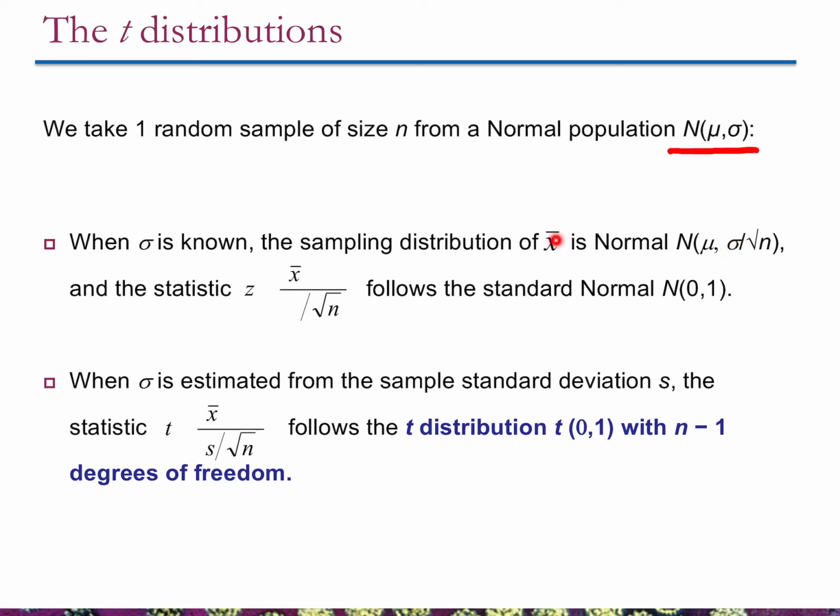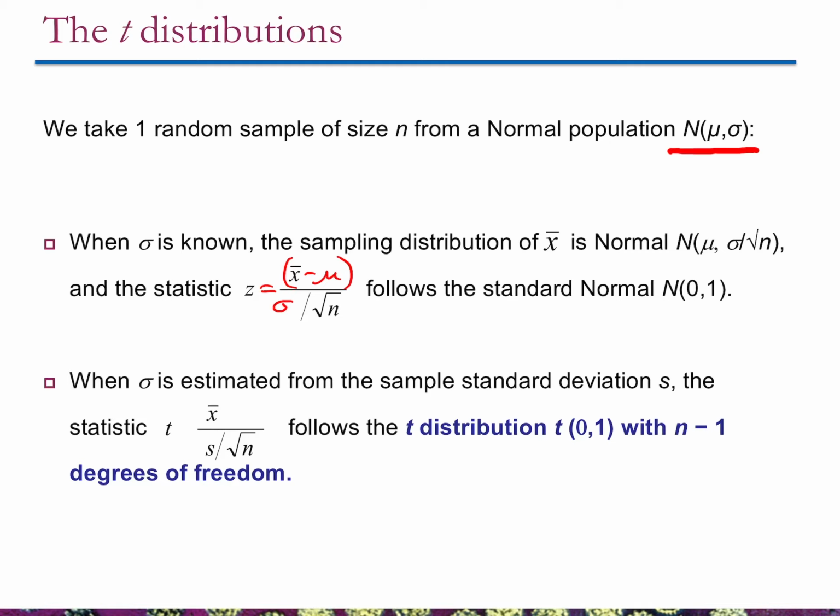Remember, that's going to be the standard deviation for our sampling distribution that this sample came from. And remember from that, we calculated a z-statistic, a z-score, which was the sample mean minus the population mean over the population standard deviation divided by the square root of n. And that follows a standard normal distribution.